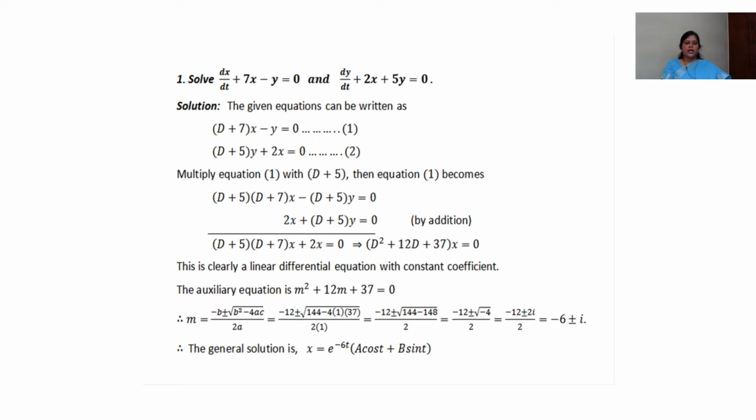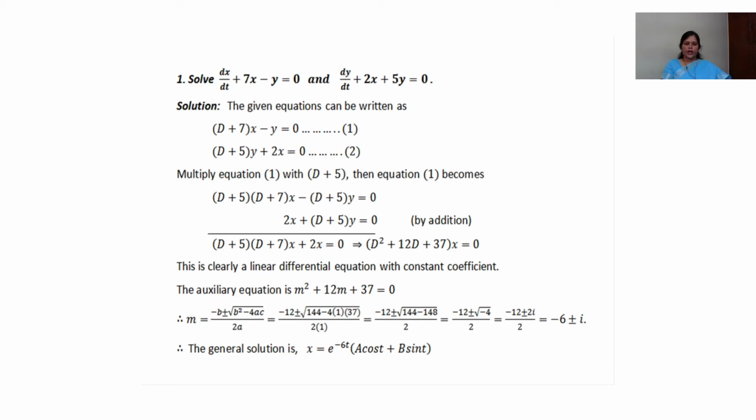The remaining variable has to be eliminated. Here I am going to multiply equation 1 with D plus 5, because in the second equation we have the (D plus 5) y term. If we get the same term in the first equation, we can cancel them. That's why we multiply equation 1 with D plus 5.